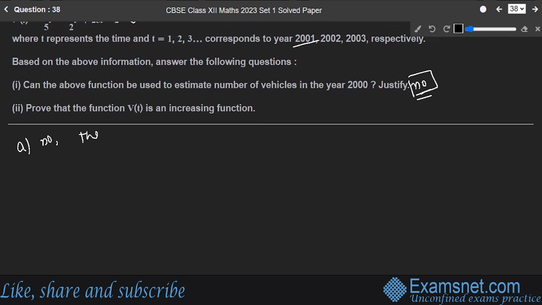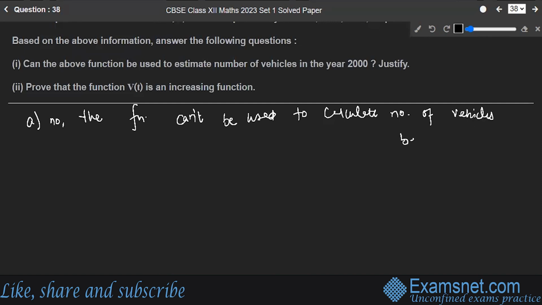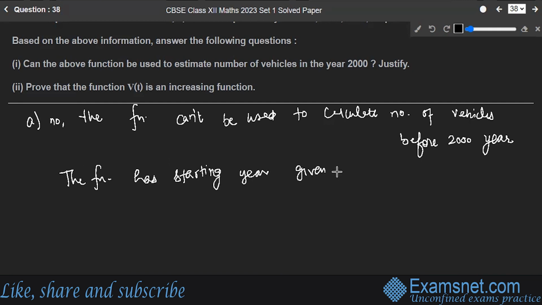The answer is no. The function cannot be used to calculate the number of vehicles before the year 2000, because here the function has its starting year given as 2001.